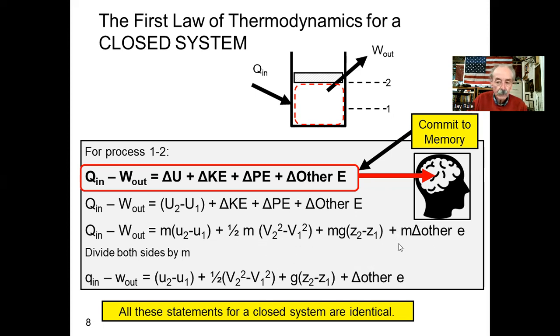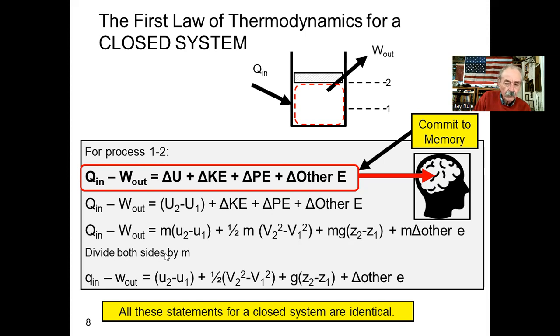And then, again, I'd say high school physics, the change in potential energy, mg, or the weight of the closed system, mg, times the vertical position relative to the ground, z2 minus z1. Okay, so you may not need to memorize that, but be able to quickly generate this expression of the first law.